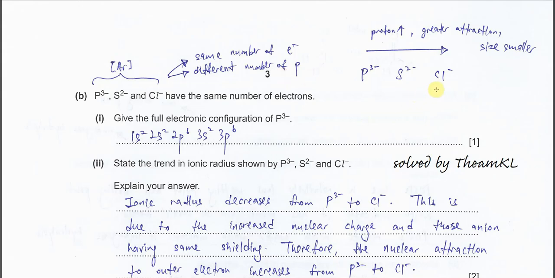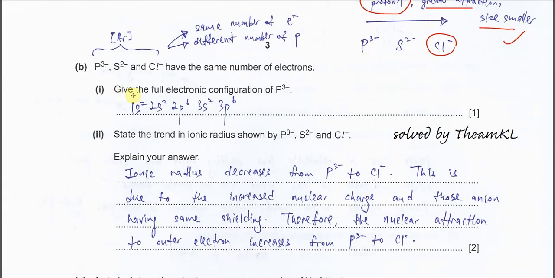We know that chloride has the greatest proton number among these 3. So we expect chloride to have a greater attraction, and the size must be smaller. Because the number of electrons is the same, the shielding effect is the same. Same shielding effect, but higher proton number. Attraction is greater, so the size is smaller.